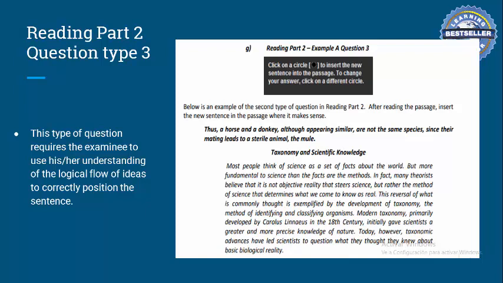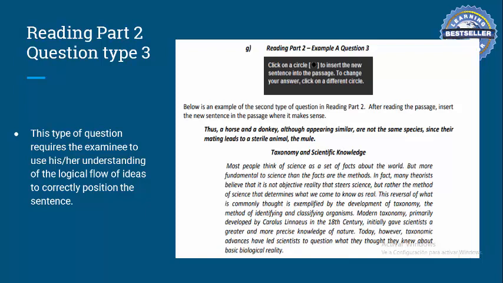And here you have the sentence that says, thus a horse and a donkey, although appearing similar, are not the same species, since their mating leads to a sterile animal, the mule. This sentence you have to position in the correct place in the passage. So that's why it's important to have an understanding of the flow of ideas. And again, here, active reading comes to the rescue.